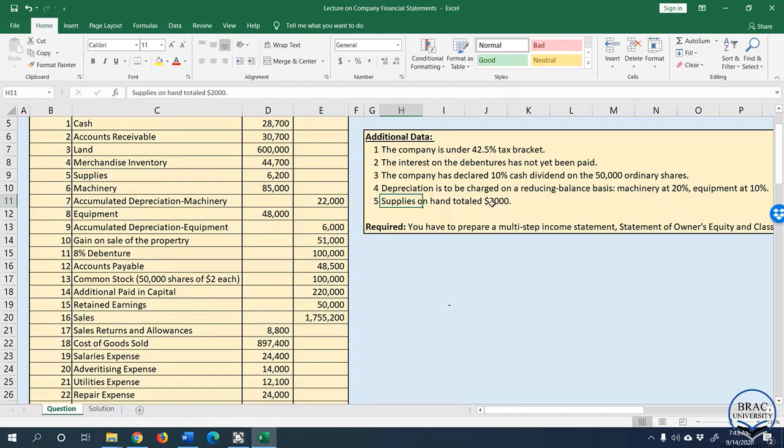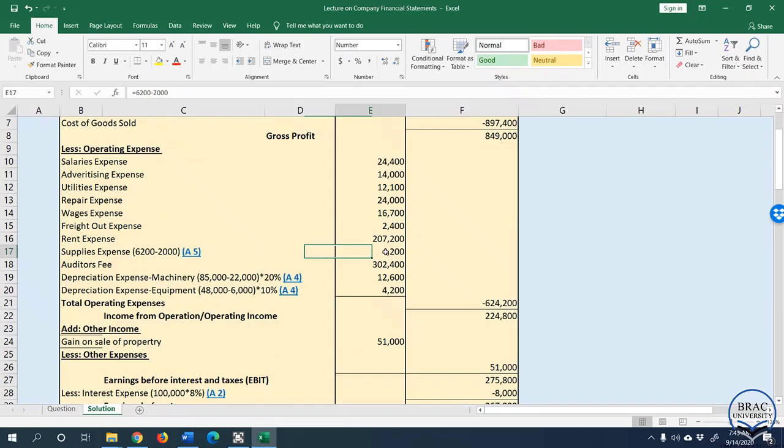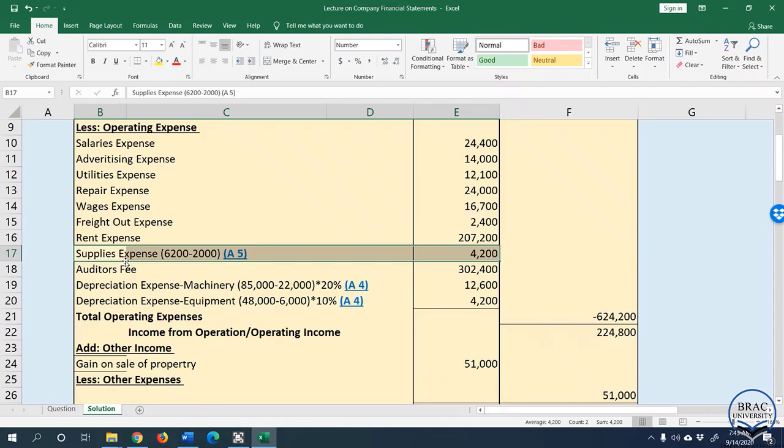So that 4,200 will be termed as supplies expense, and supplies expense is an operating expense. First of all, we will write the supplies expense under the operating expense portion, supplies expense 4,200.